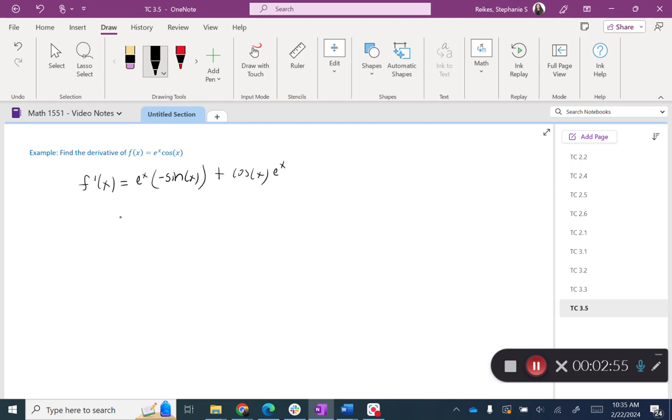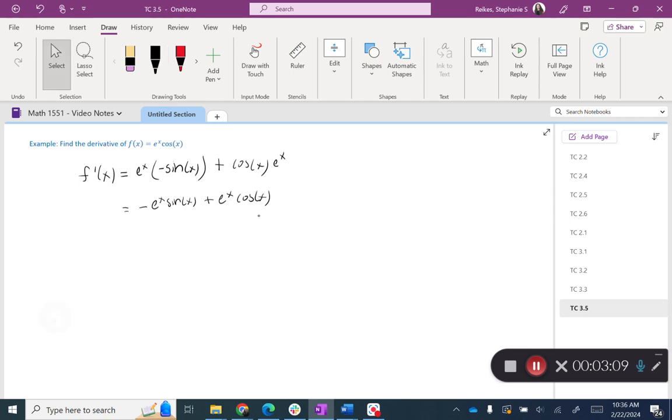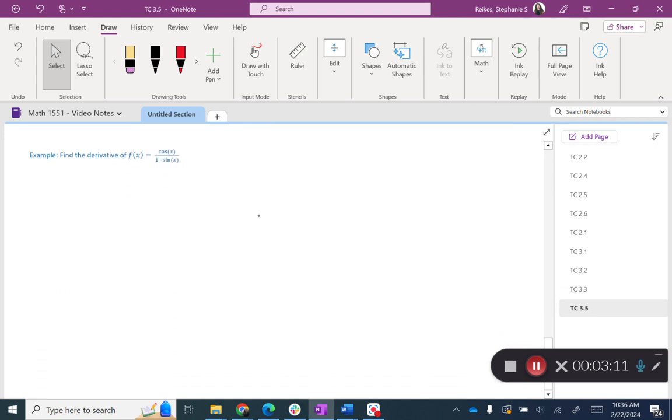Putting this maybe just slightly neater together, we have negative e to the x sine x plus e to the x cosine x. Let's take a look at one final example for this video.